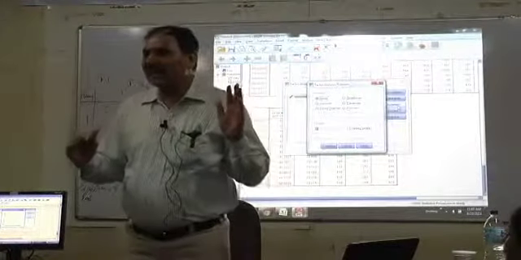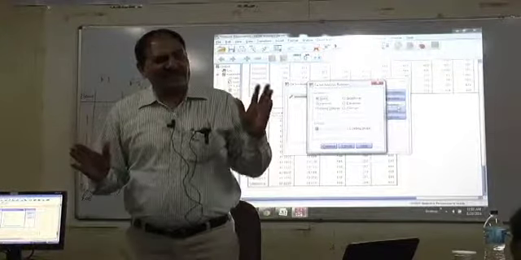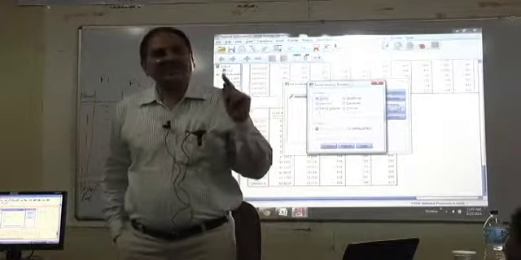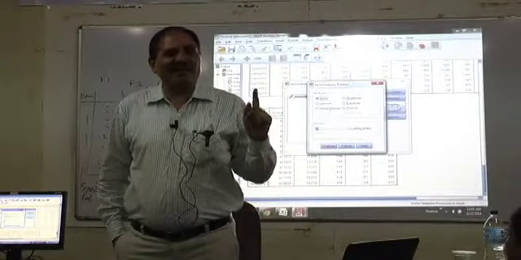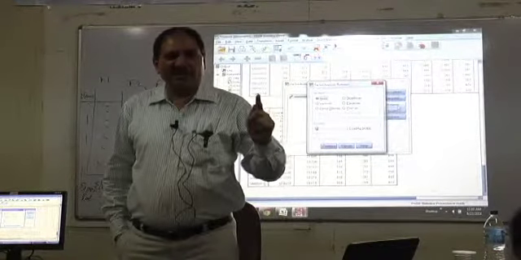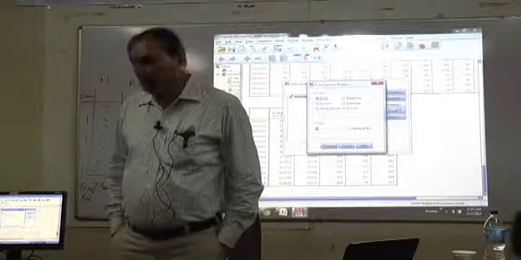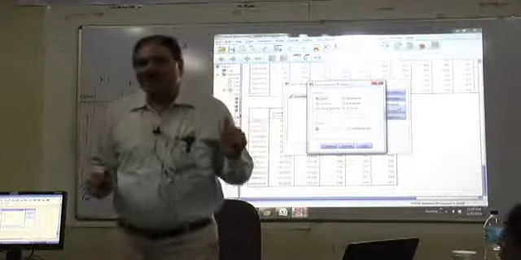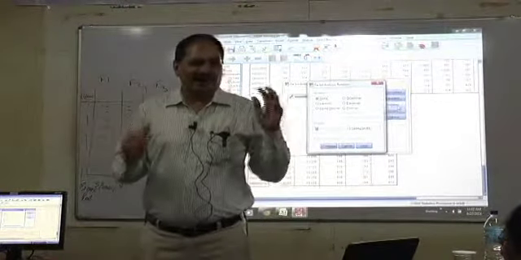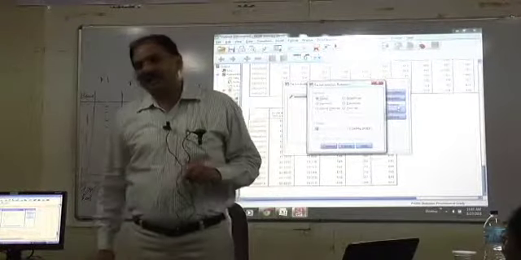The angle between the factor axes is maintained at 90 degrees. Factors can be considered as vectors, because they have direction and they have value also. Value and direction both are there, so they can be considered as vectors. If you consider a factor as a vector, then the relationship between all the factors is maintained at 90 degrees.